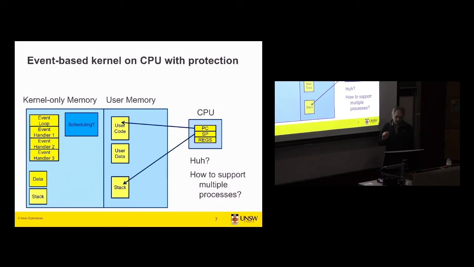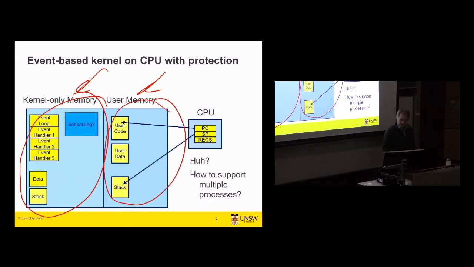Okay, so if I've got an event-based model inside my kernel, and it's on a CPU with protection, because that previous CPU that I introduced to you basically only had one view of memory, no user level, kernel level. So I've illustrated kernel mode and user mode by dividing memory up into two parts, where we've got the kernel data here on the left, and we've got the user mode view of the application here on the right.